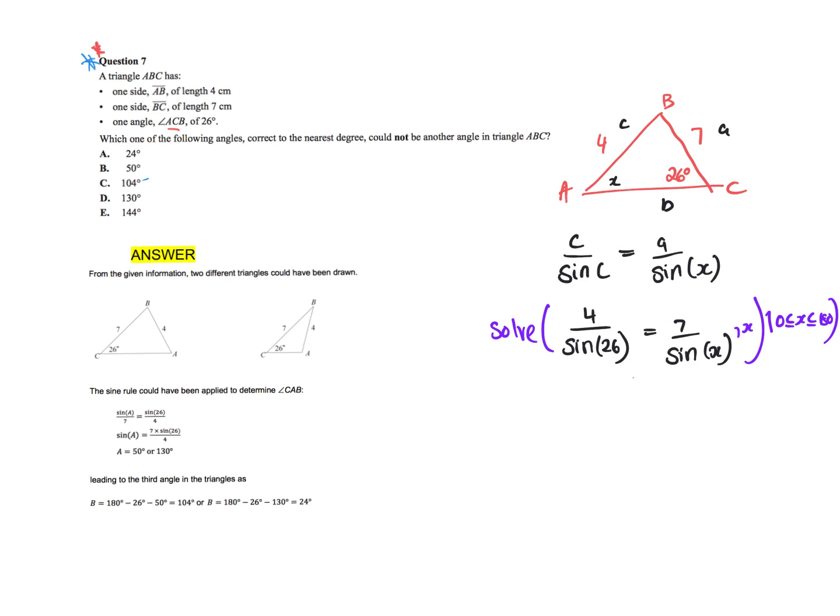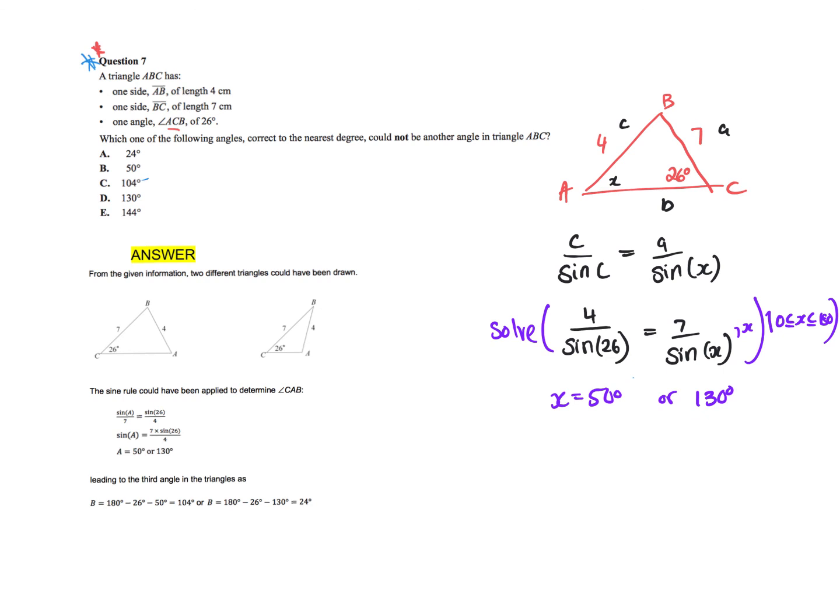Might just copy that one so I can change it. So I've got the 7, that's the one I don't know. I know this one, 4 over sine 26. Okay, so I get x to be either 50 degrees or 130 degrees.